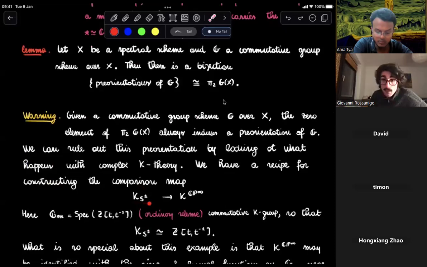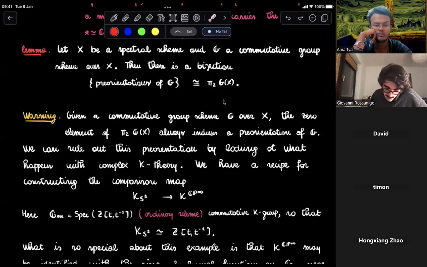I would like to not enter too much into detail, but this KS1 can be seen as a ring of functions of some commutative K group, which is the commutative K group obtained by looking at the spectrum as an ordinary scheme of this polynomial algebra.